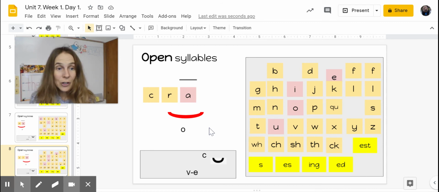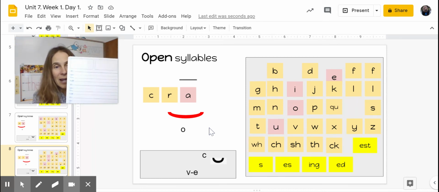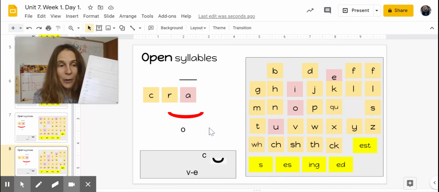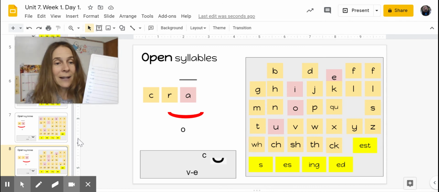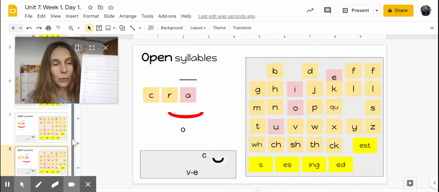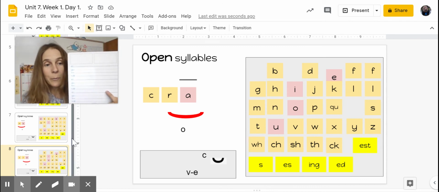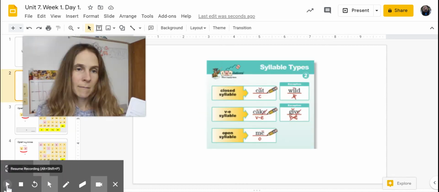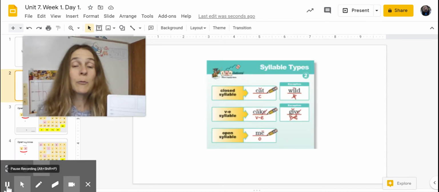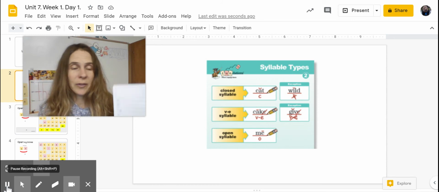Now we're going to do a little bit of writing. So I want you to get a whiteboard or a piece of paper, and I'm going to move us back to the syllable types screen, and we're going to do a little bit of writing and marking our syllables. So I've got my syllable type poster just right over here to help us out a little bit.